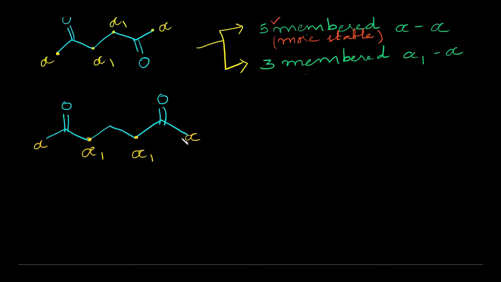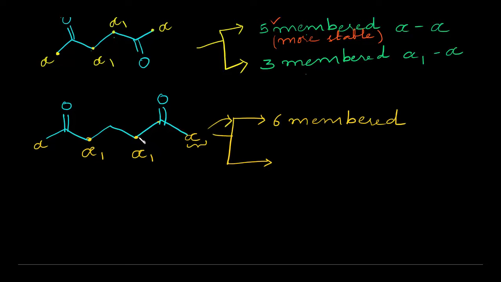If you have carbanion formation over here, then the ring will be 1, 2, 3, 4, 5, 6: a 6 membered ring.